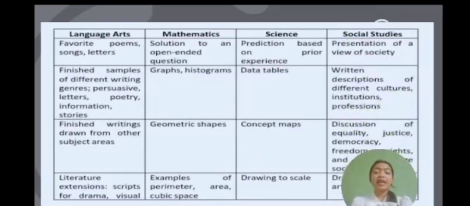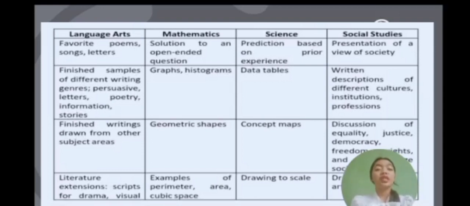I have here examples of the artifacts of portfolio by subject areas. First, we have language arts. This includes favorite poems, songs, letters, also finished samples of different writing genres. We have persuasive letters, poetry, information, and stories. Finished writings drawn from other subject areas, which may be Filipino, English, and others.